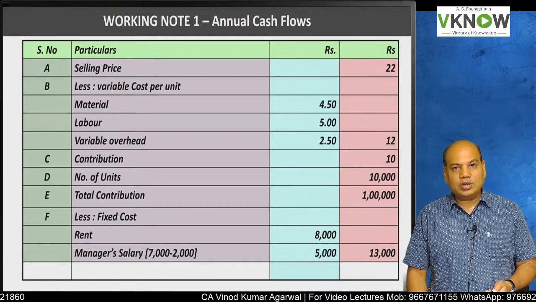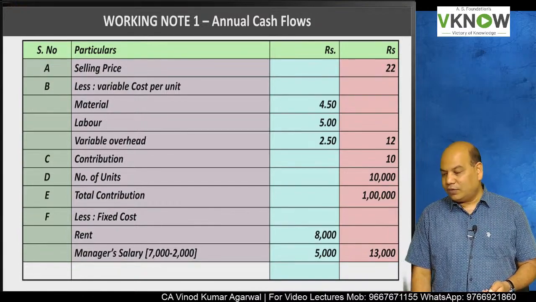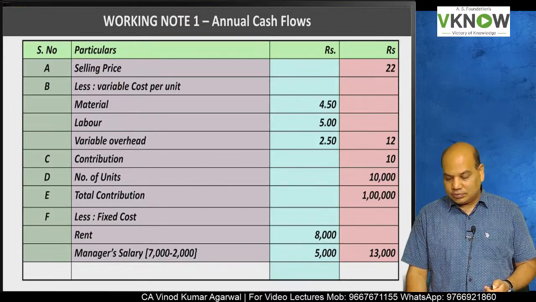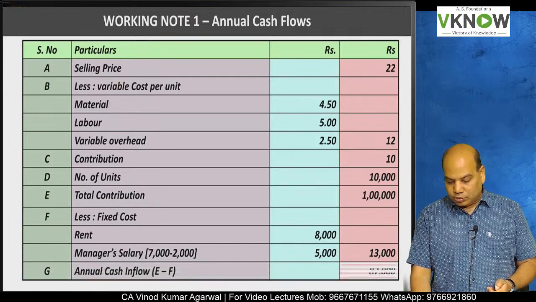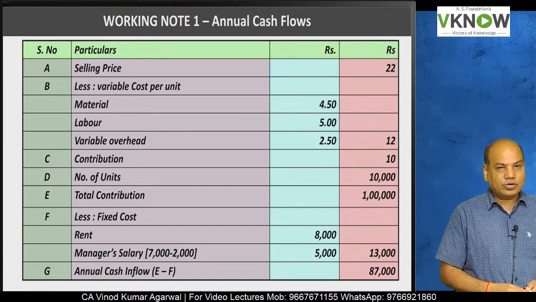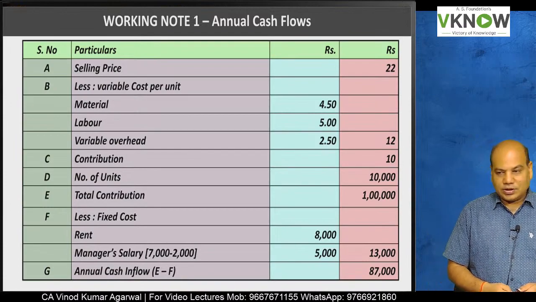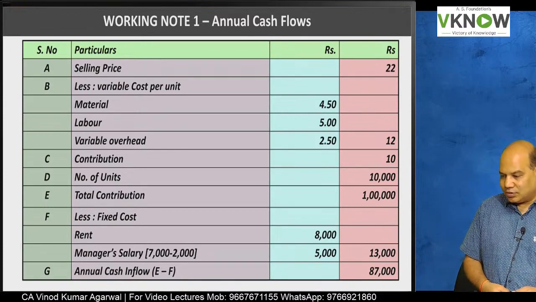So my total incremental fixed overhead is 13,000 only. Contribution minus fixed cost is 87,000. Sajid Khan is right, 87,000.